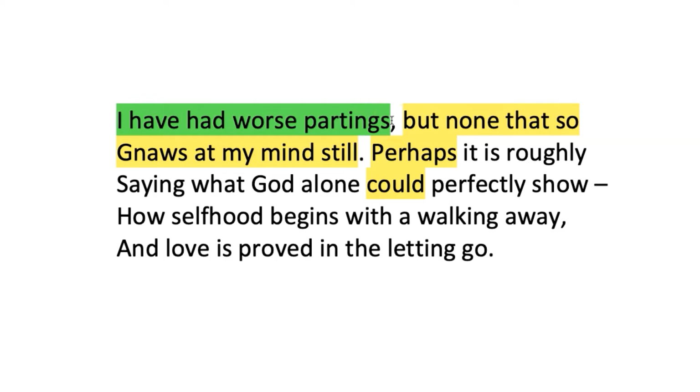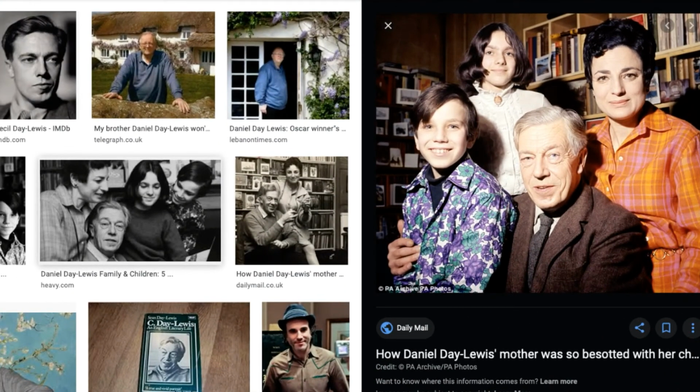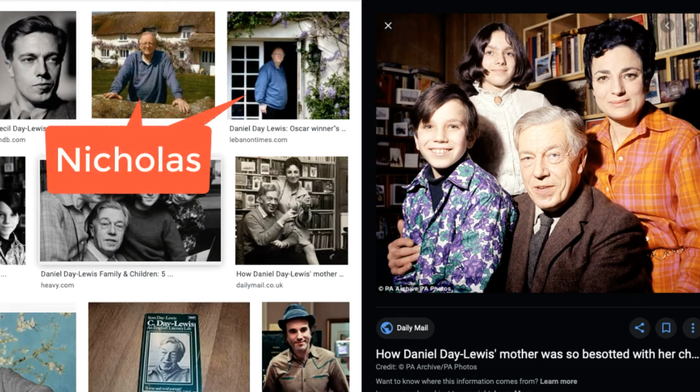Now, if we dip in autobiographically here, we'll see that many of those partings seem to be the affairs that C. Day-Lewis had. It's possibly no coincidence that Nicholas wrote extensively about his father's affairs when he wrote the biography.